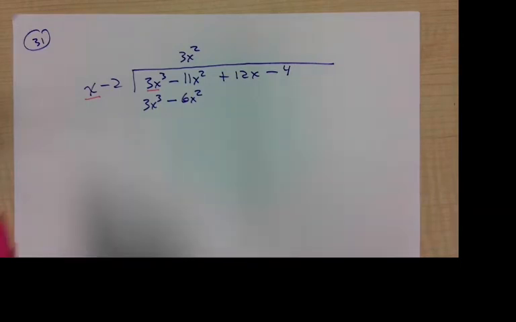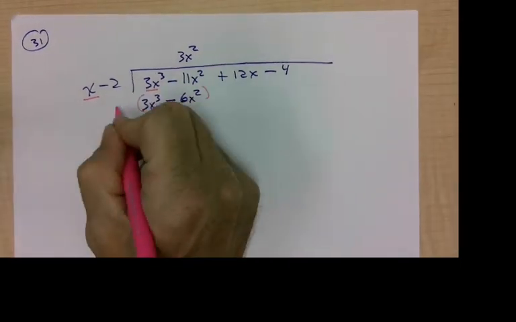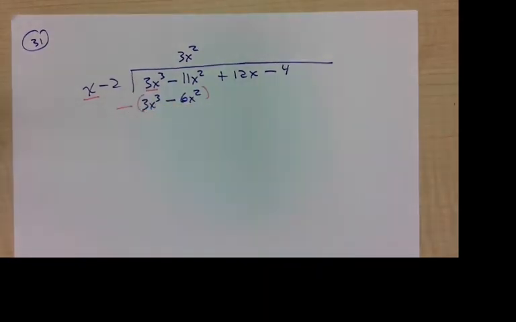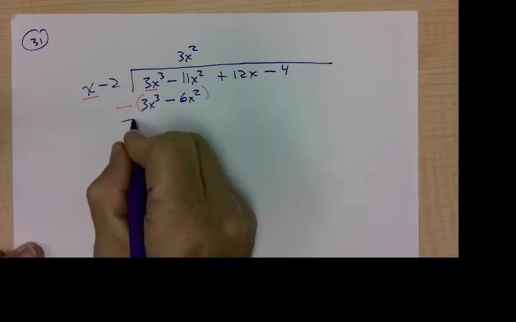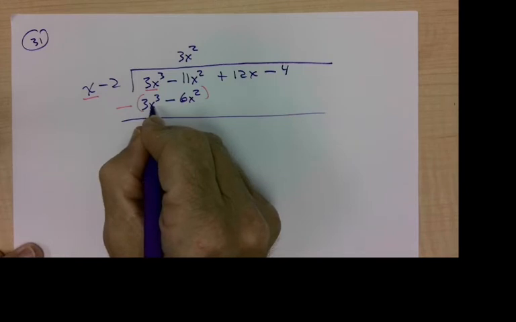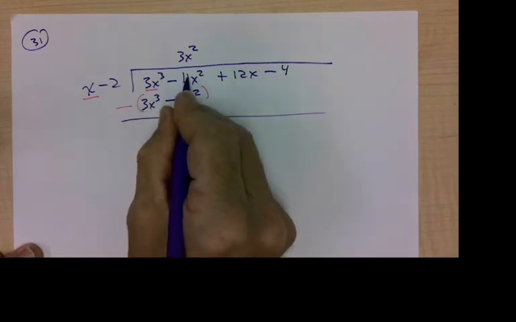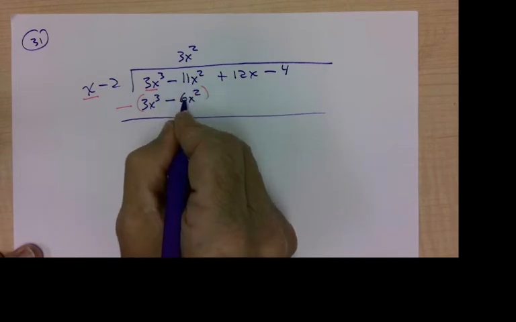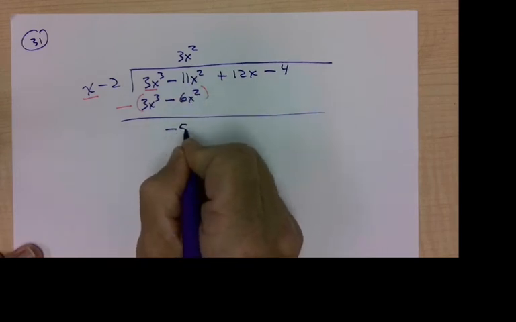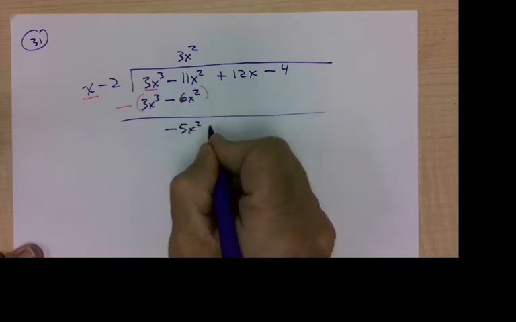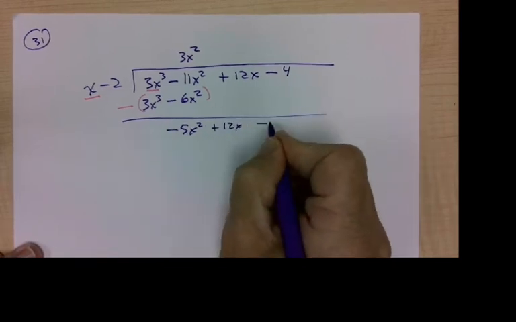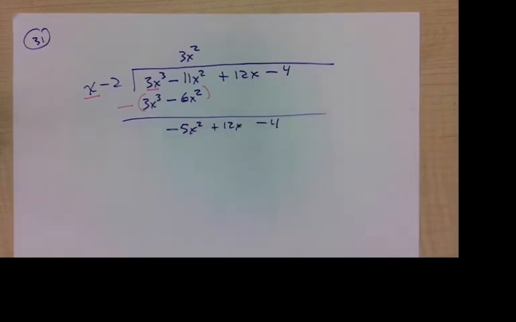Now I have to subtract this minus this. And the subtraction with the negatives is what causes problems. 3x cubed minus 3x cubed, that's gone. Negative 11x squared minus negative is plus. So negative 11x squared plus 6x squared would be negative 5x squared. 12x minus 0 plus 12x, negative 4 minus 0 minus 4.